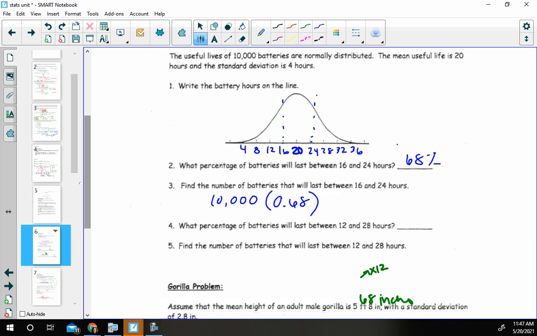6,800 is what I got. Wait, I had too many zeros. 6,800. Let's try again. Like, how did we get bigger than 6,000? Okay, try the next two on your own.